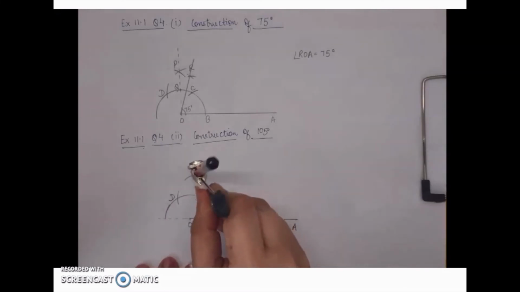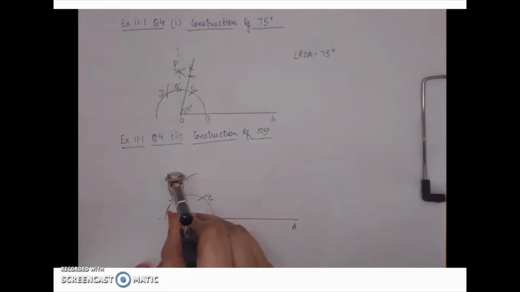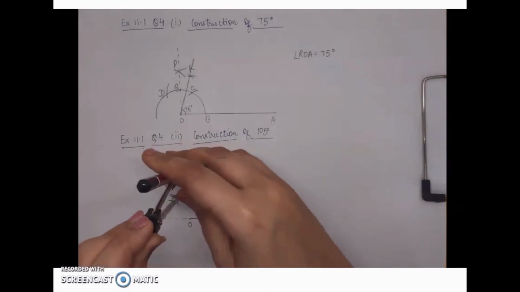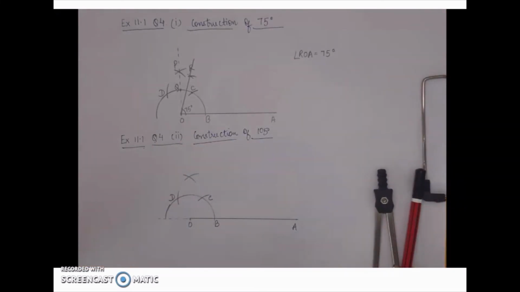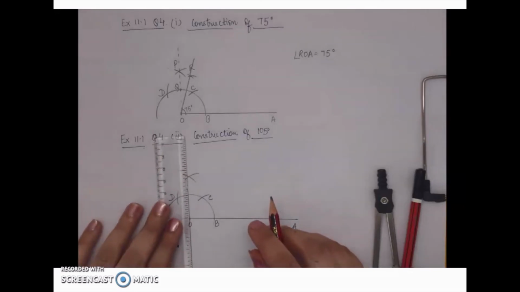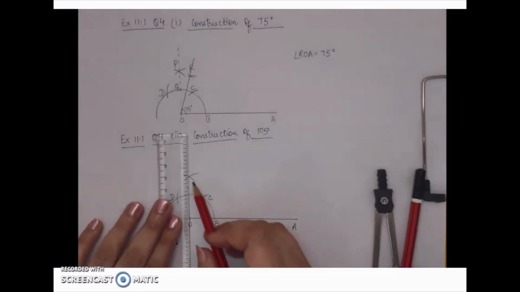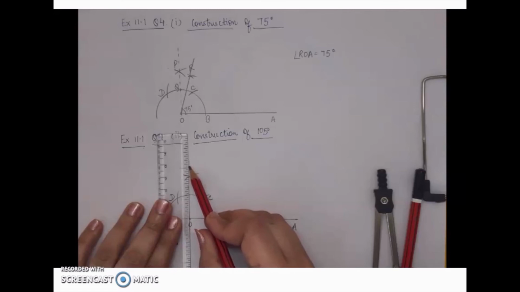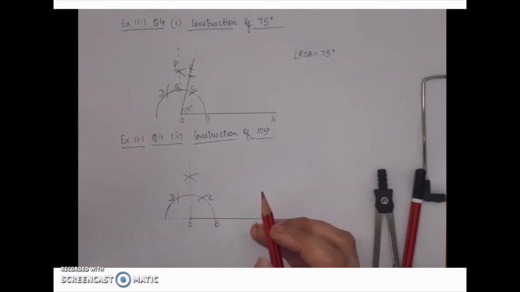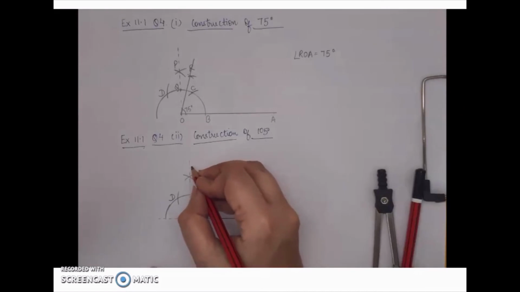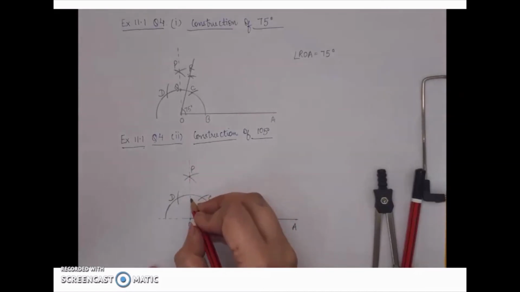Now bisect CD, that is to get 90 degree. So this is your 90 degree angle.